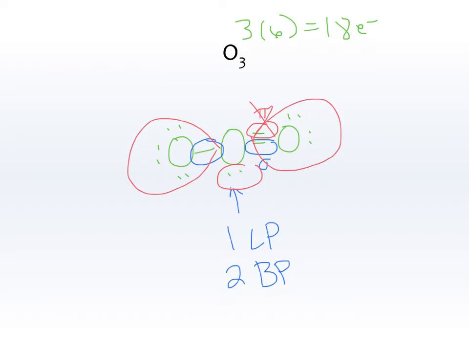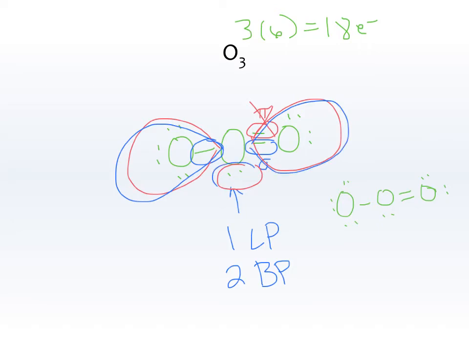And since I messed up your picture, I'm going to draw it one more time for you, just so you'll have a pretty one. Well, pretty is a relative term, I suppose. So, what kind of shape is this going to make? It seems like it should be linear, because I've got an oxygen on the left and an oxygen on the right. But the problem is there is a pair of electrons that is a lone pair.